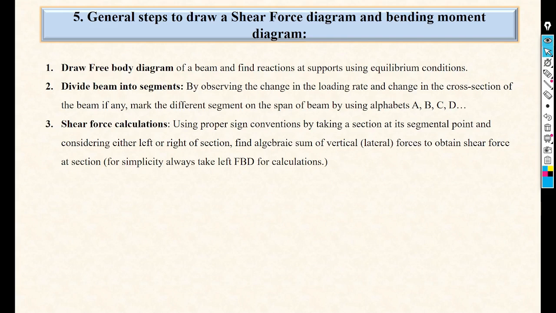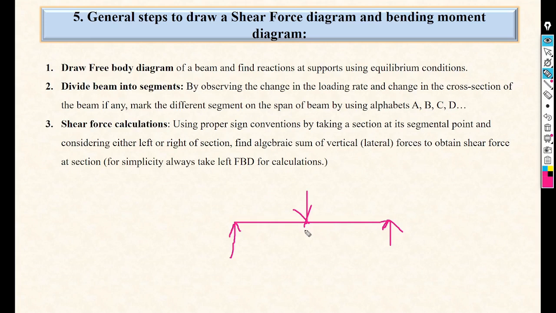It means what? Whatever segmental or FBD diagram we have drawn, we need to consider the proper sign convention first. Okay, the first thing is what? Consider the proper sign convention. And the proper sign conventions already we have discussed in last video. Okay, so as per that sign conventions, we need to calculate the shear forces.